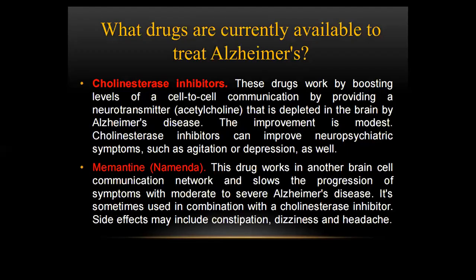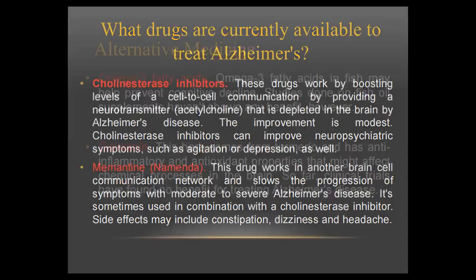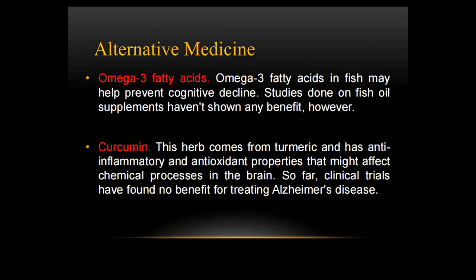There are drugs which are used in management of Alzheimer's, like cholinesterase inhibitors and memantine, like Namenda. And also we have omega-3 and curcumin, which is herbal, but no trial has shown that it is a success in management of Alzheimer's.